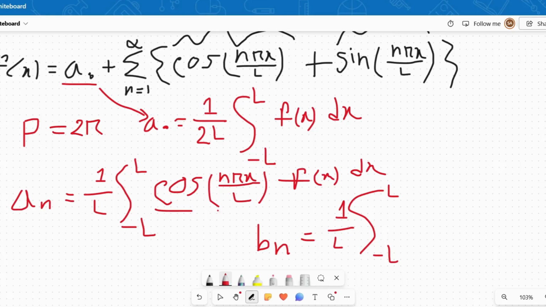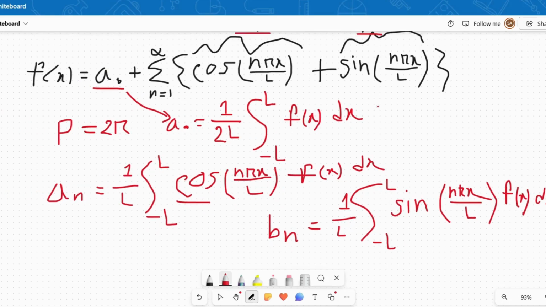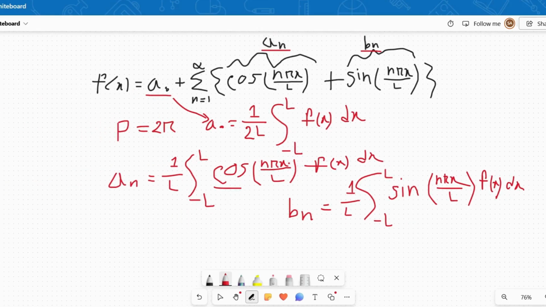We use cosine in AN, but in Bn we use sine. Right, sine n pi x divided by L, f(x) and dx. This is the formula for all Fourier series. To solve Fourier series, you have to remember all the formulas.